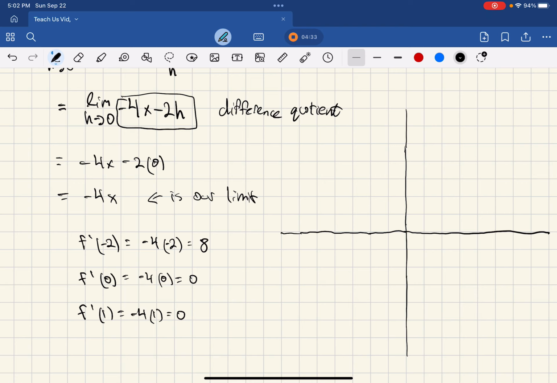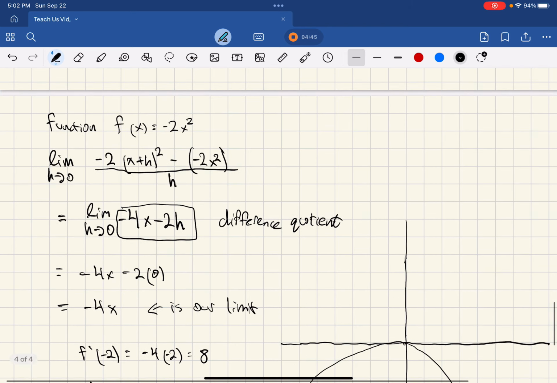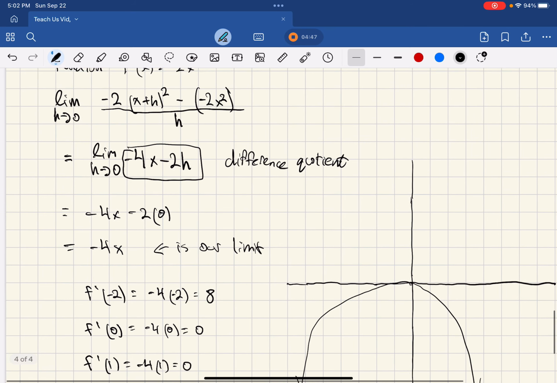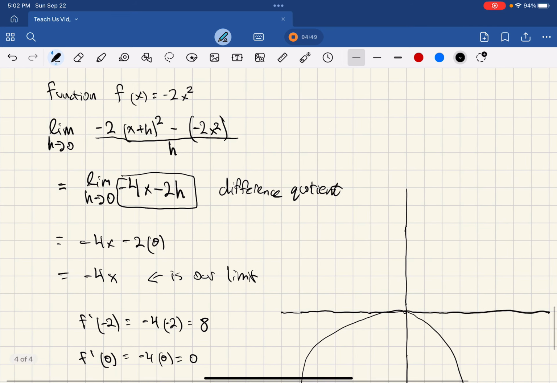So our base graph is going to look something around this. And that's our original function. So this one is our f of x equals negative 2 times x squared.